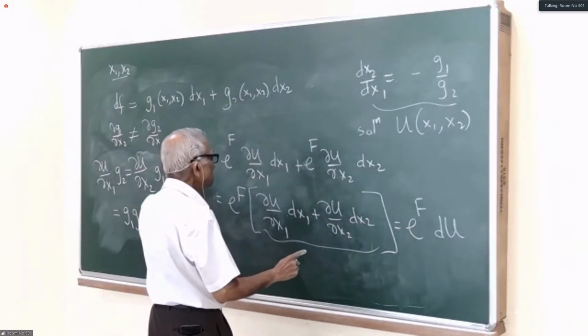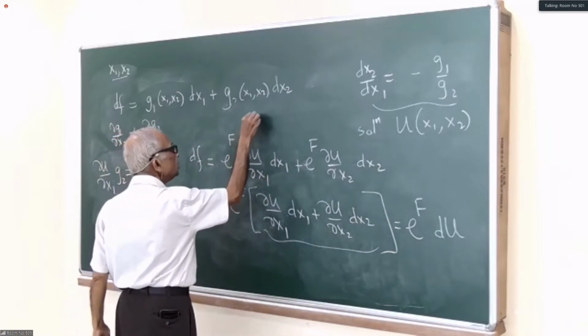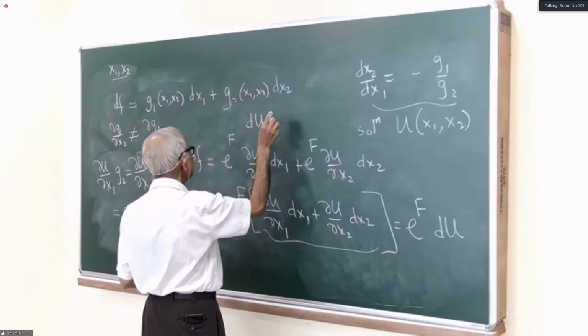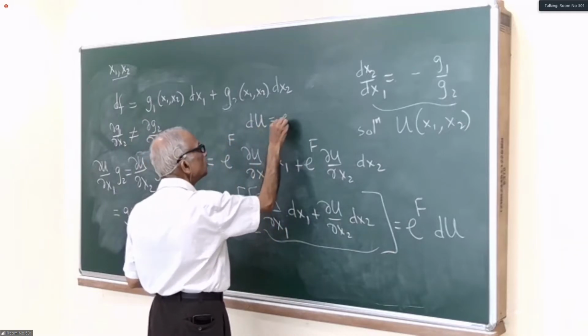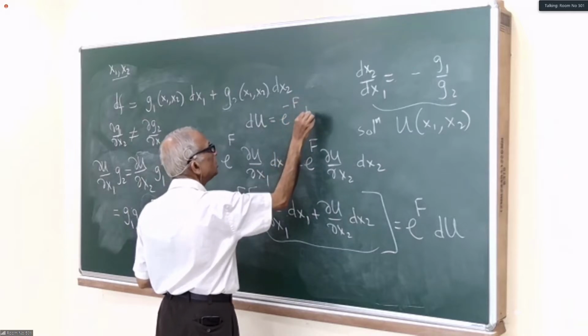I find that df is e to the power f, and therefore du, which by construction is a perfect differential, is equal to e to the power minus f df.